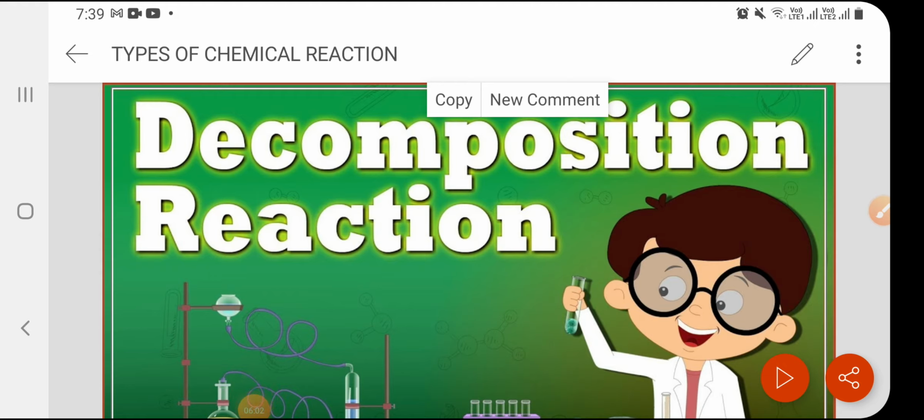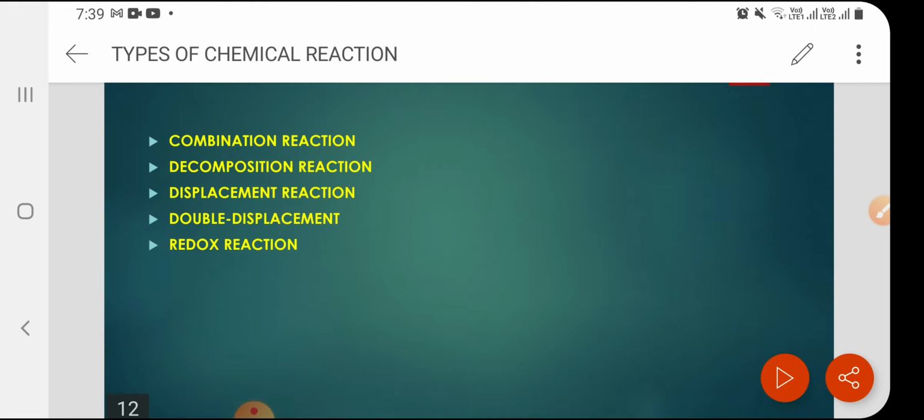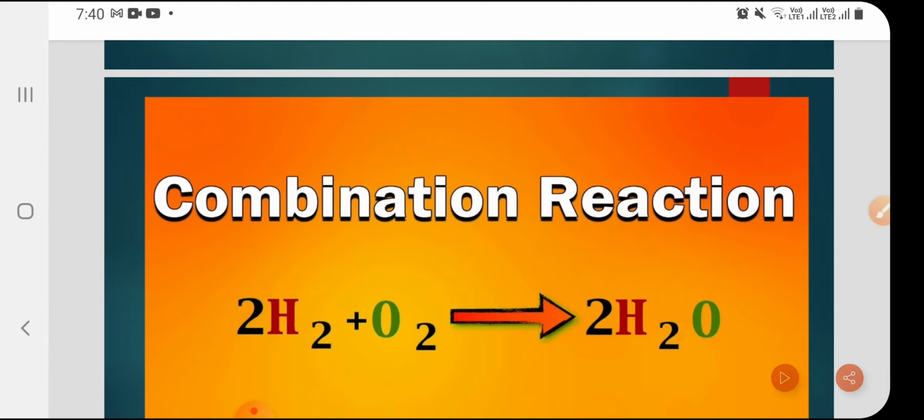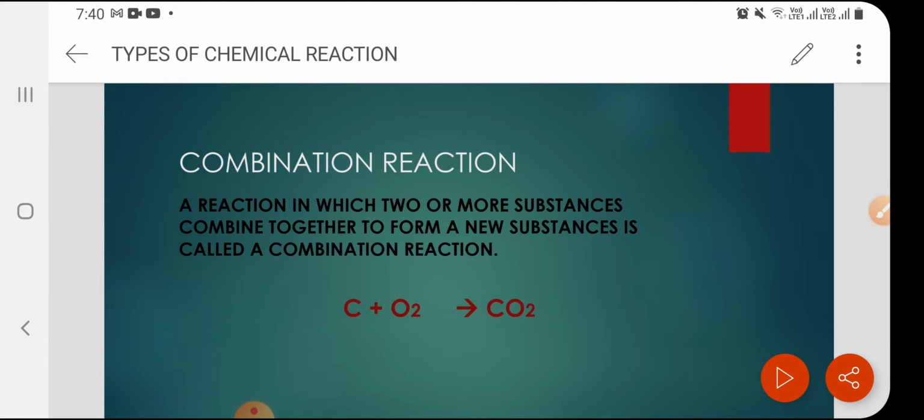In today's class we will just focus on the combination reaction. First of all, you have to write the definition of the combination reaction in your classwork copy. You will write: combination reaction, a reaction in which two or more substances combine together to form a new substance, is called a combination reaction.